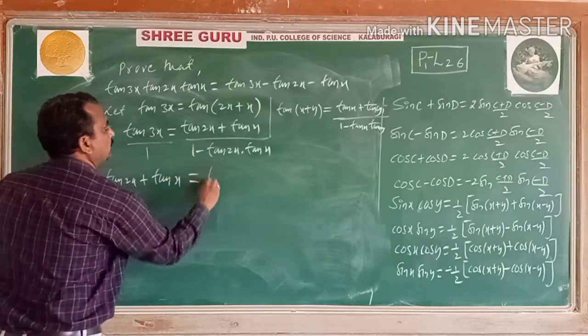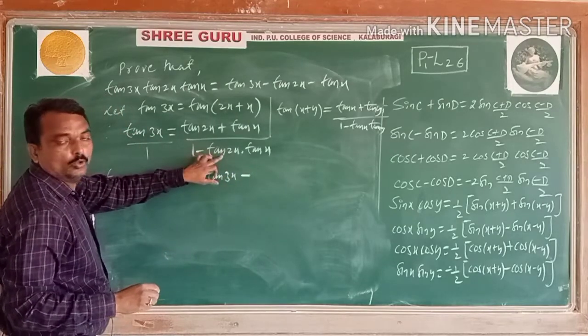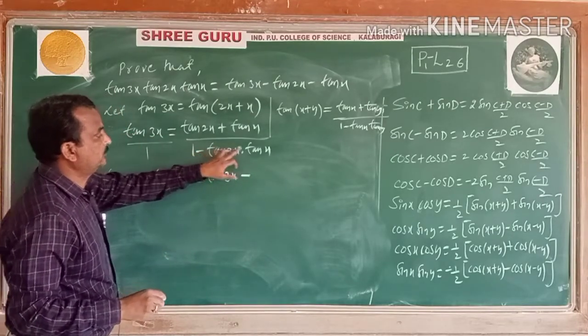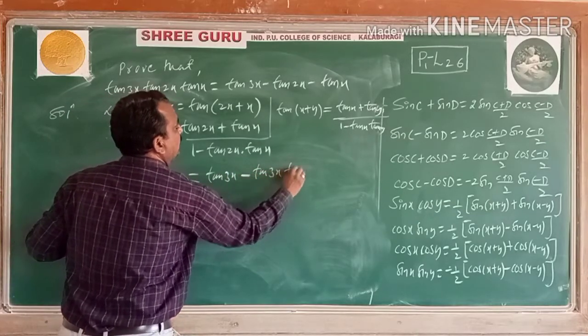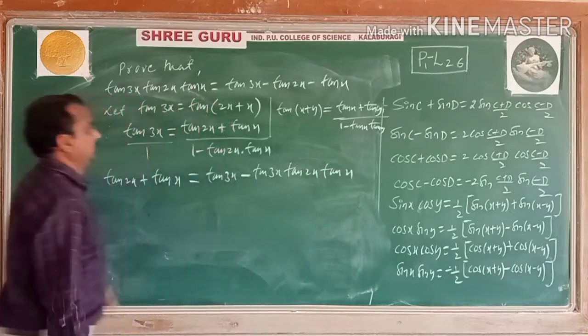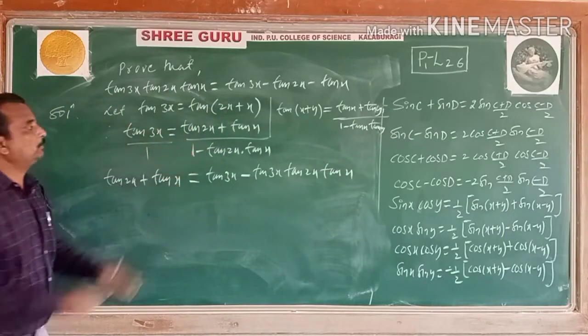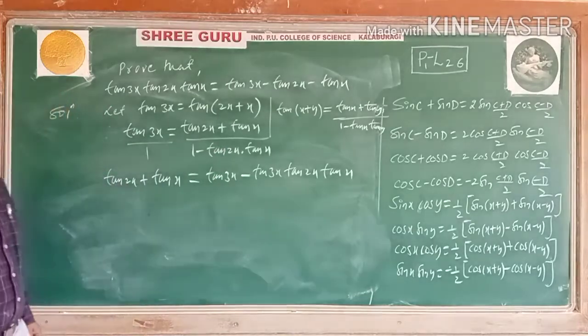Tan 3x into 1, tan 3x minus tan 3x into minus tan 2x tan x, that is minus tan 3x tan 2x tan x, multiplying the products. Yes, cross multiplication.